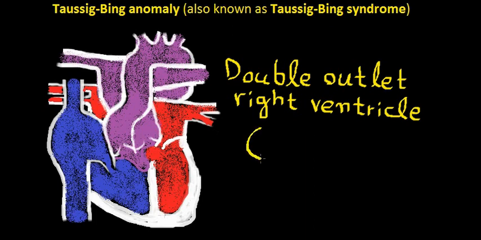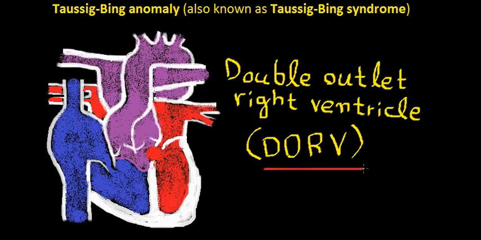It's abbreviated as DORV. That's the double outlet right ventricle.